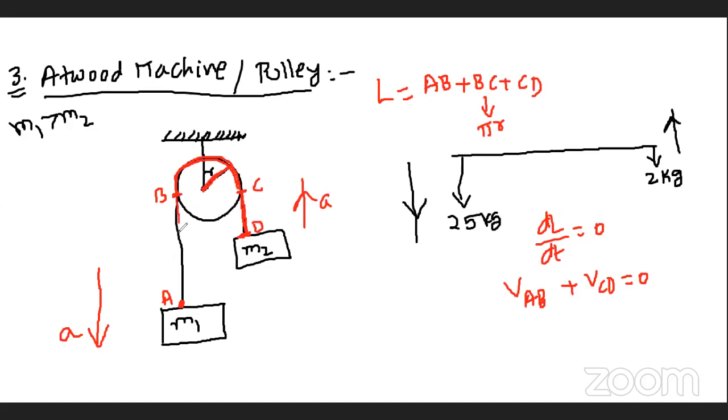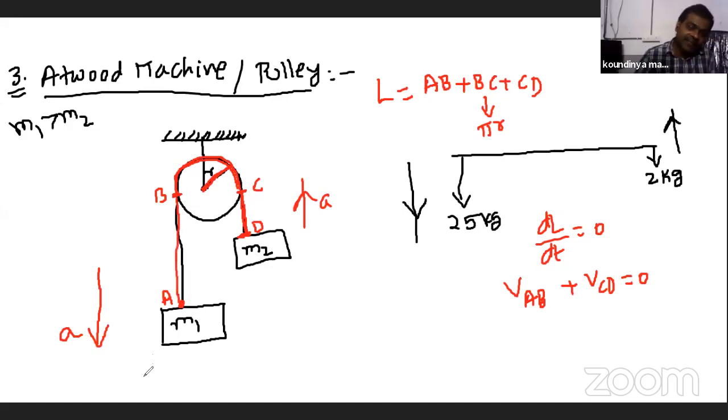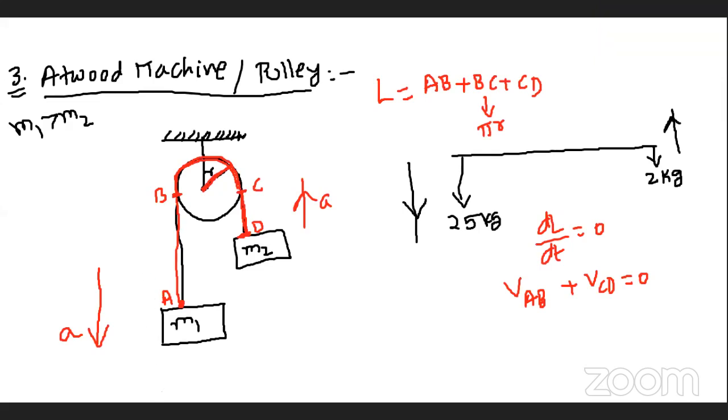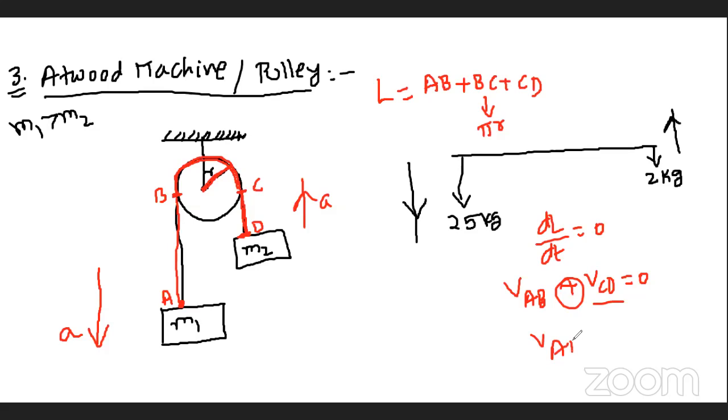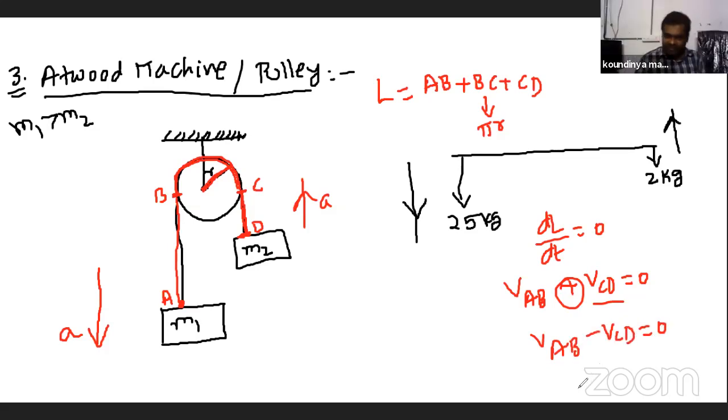Whenever it is moving downwards, the displacement increases, so velocity also increases. So for M2, that is CD, it is decreasing. So instead of plus, I will keep it as minus. The same principle we will use in the constraint equations and pseudo forces.